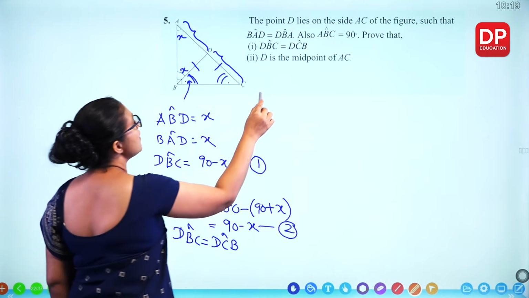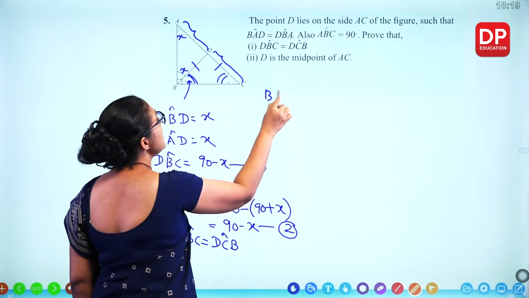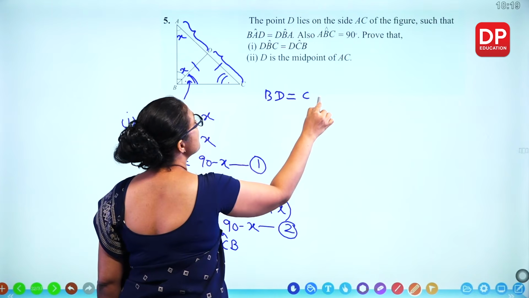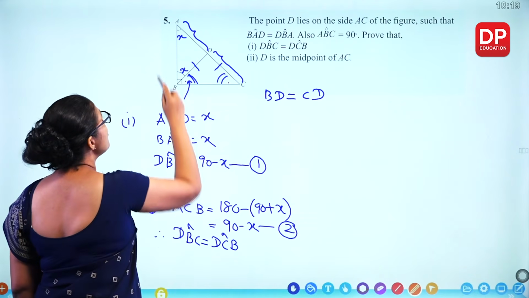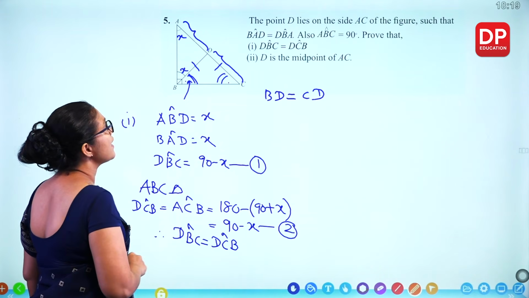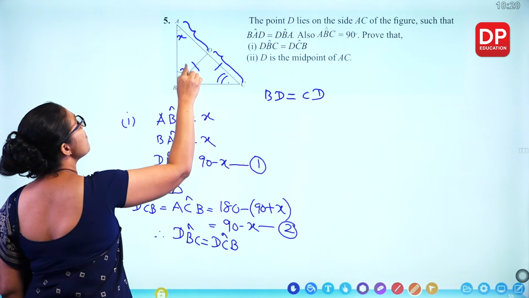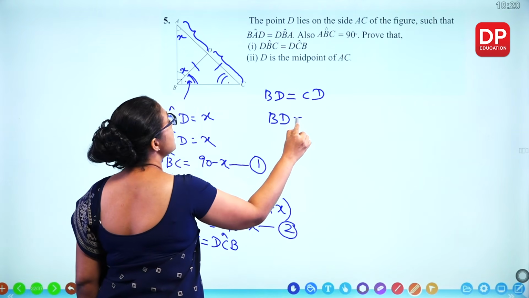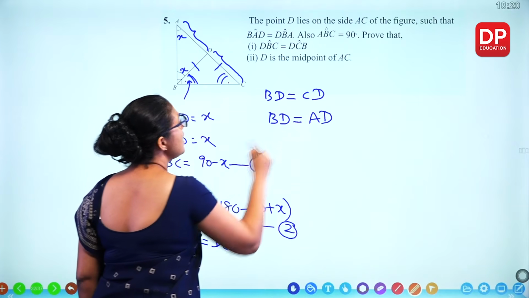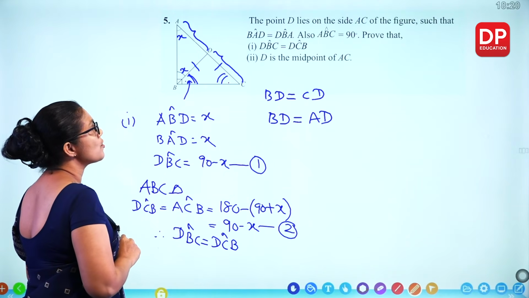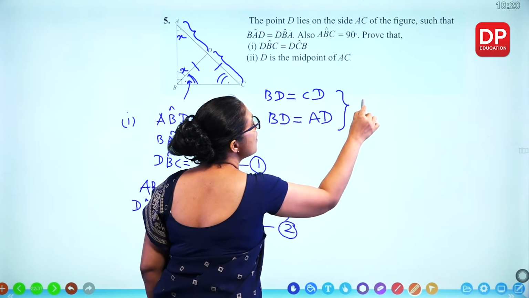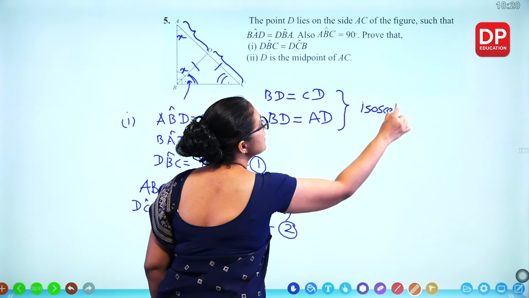So BD is equal to CD. Now when you take ABD triangle, what can you say about BD and AD? Both are equal because that's also an isosceles triangle.